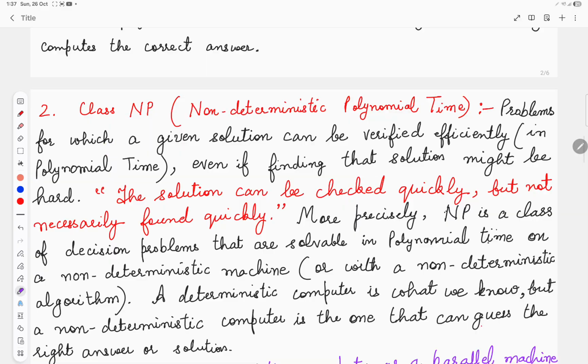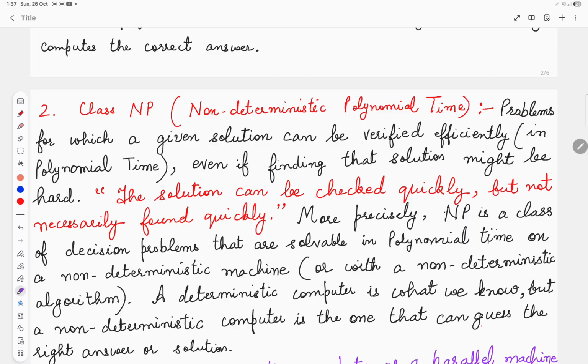Class NP type of problems. NP means non-deterministic polynomial time. Problems for which a given solution, this is important to understand here, that means the solution is given to you. You are not to find the solution. You have to verify this solution.